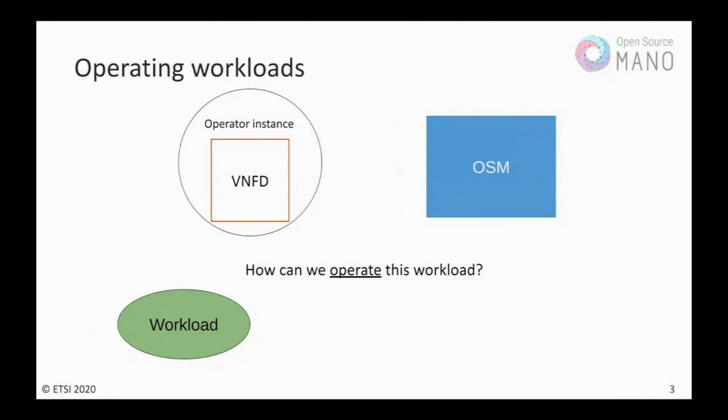And the code for those operations is embedded inside the VNF descriptor, the VNFD. Yeah, that's right. And what OSM will do is basically talk to this piece of code, and that piece of code will actually operate and do actions to the workload that we have.